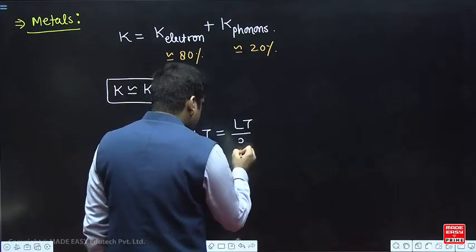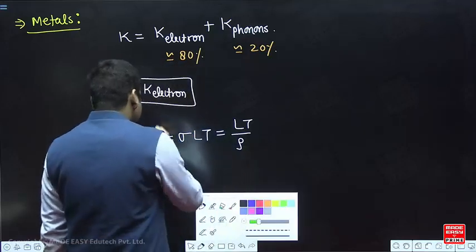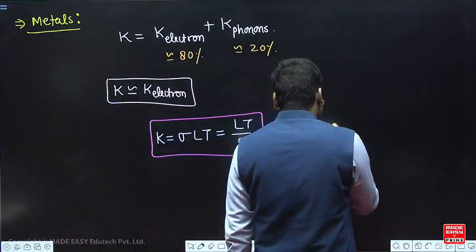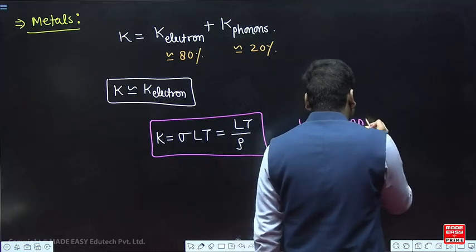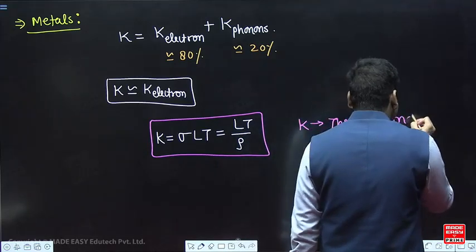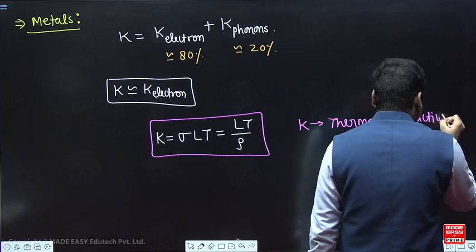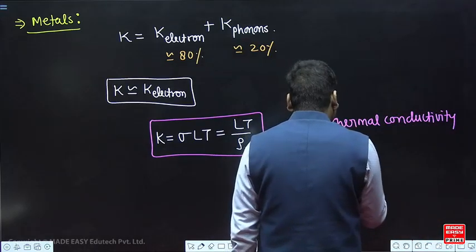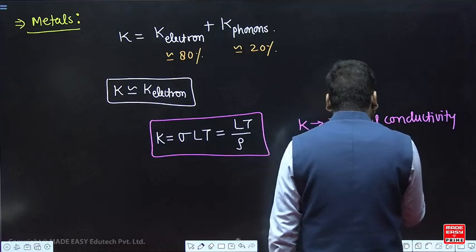What is this relationship saying? Have a look. K is known as thermal conductivity, and sigma is electrical conductivity.